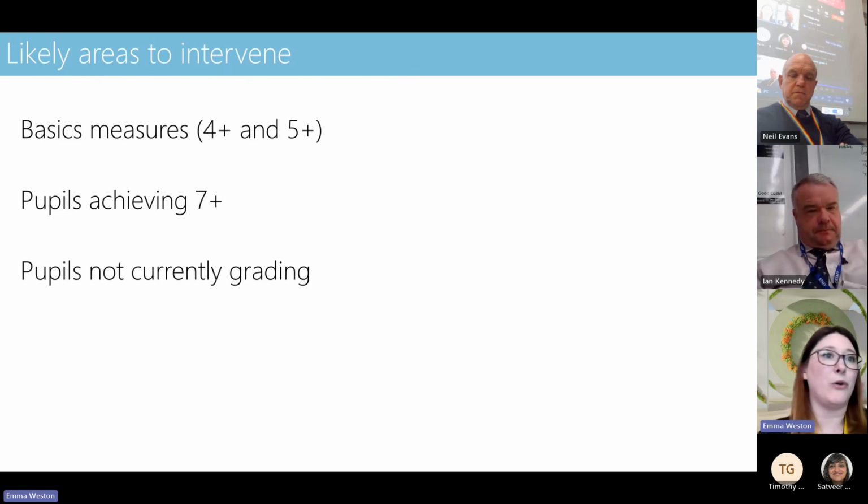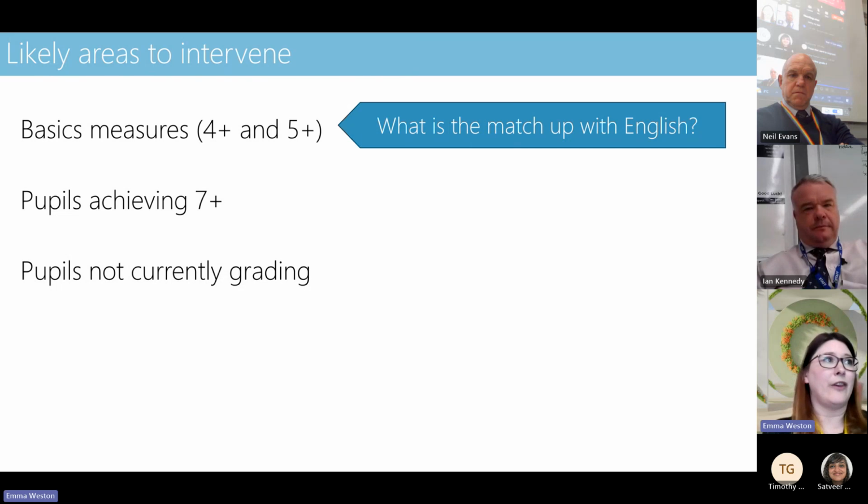Or we might be thinking about pupils not currently grading. So that could be year 11 low ability, but of course there could be all sorts of reasons why pupils in year 11 aren't currently achieving a grade on the most recent mocks, for example. So thinking about those 3 types of groups, if we're considering the basics, then we'll naturally want to consider what the matchup is with English, because that can have quite an important impact on whole school measures.